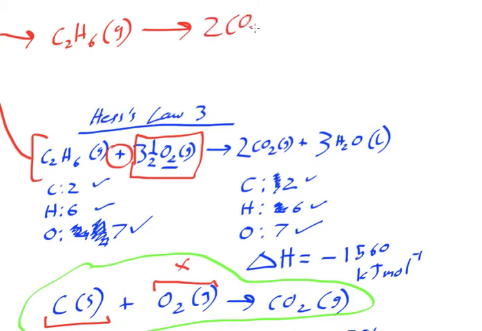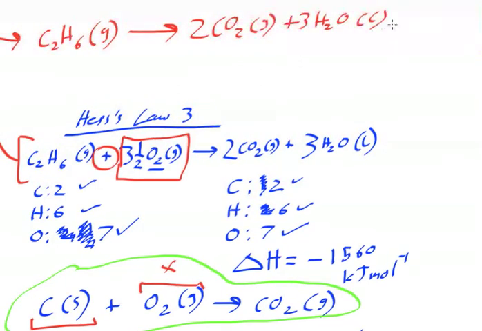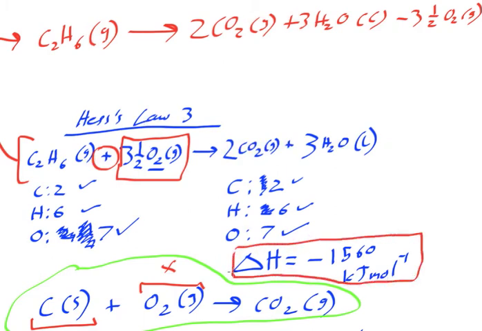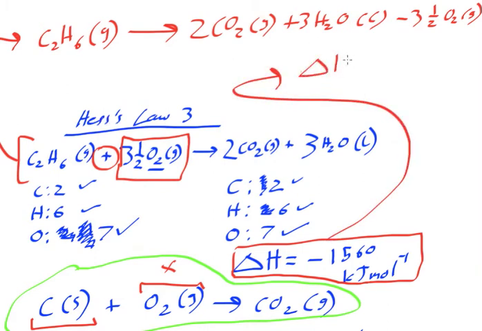So I'm going to get 2 CO2 as a gas plus 3 H2O as a liquid, and then I'm going to have minus 3.5 O2 as a gas. Here's the delta H down here, and because all I've done is manipulate, I've not multiplied by minus 1, I've not multiplied by 2's or 3's, I've not divided by anything, this stays the same. So I've got delta H is equal to minus 1560.